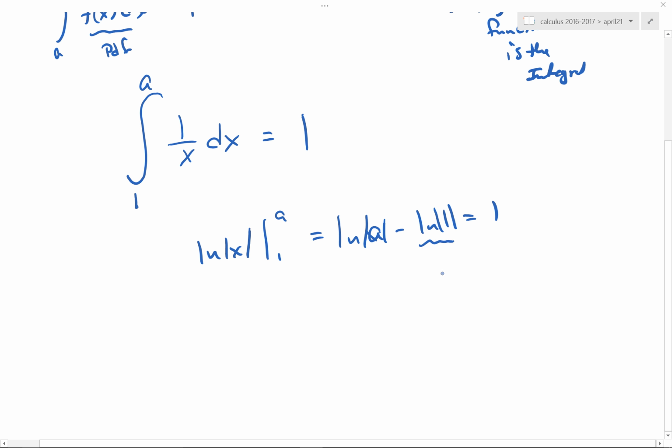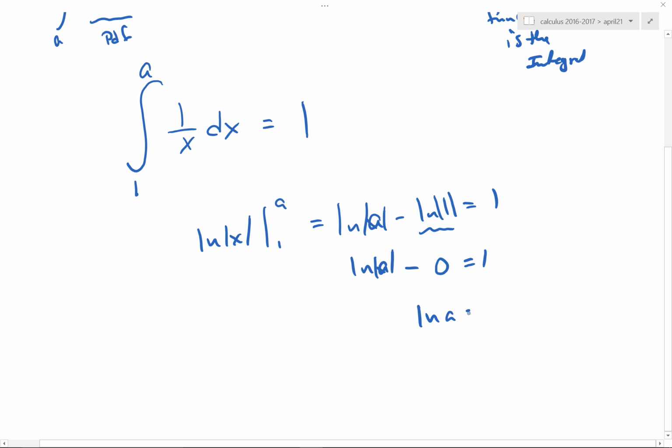It's 0. How do we solve for a? Exponentiate. So 1 over x, from 1 to e, is a PDF.